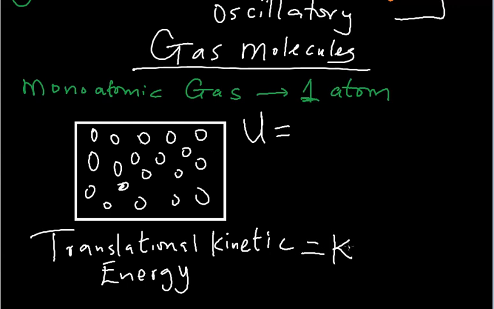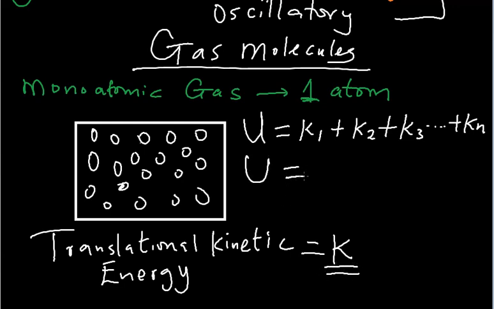If you have different molecules, you can sum it up to have K1 plus K2 plus K3, depending on the number of molecules you have, up to Kn. Now, since they are monoatomic and have the same kinetic energy, I can actually write the formula.